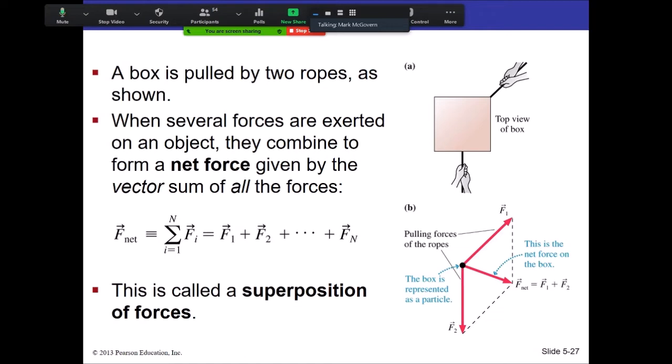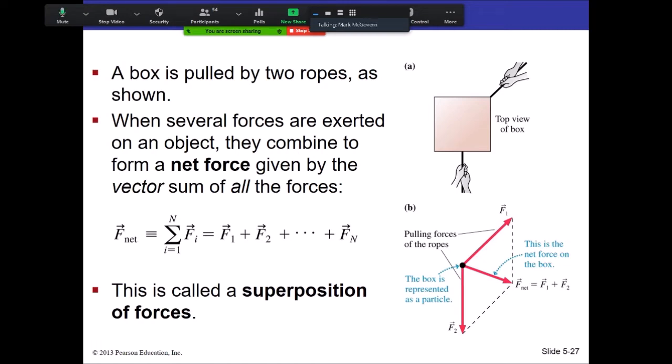And the resultant vector, which a lot of times we just refer to as F net, like net force, is a single vector that can represent what the effect on the object is. It's like all of these forces act as if they're a single force that is exerted on the object. That is basically what we mean by superposition.